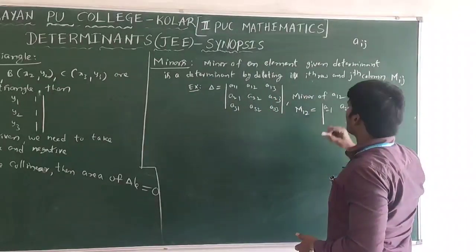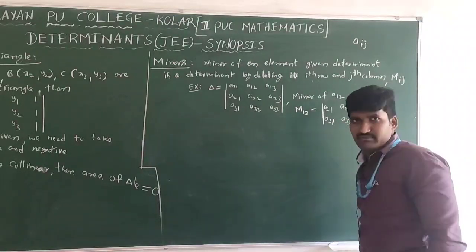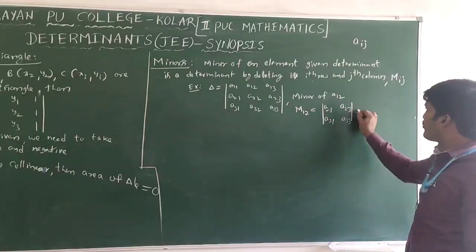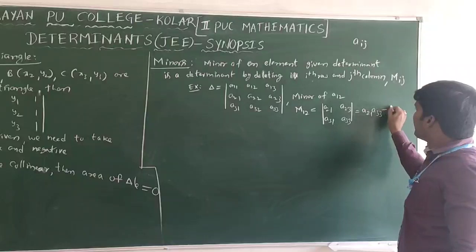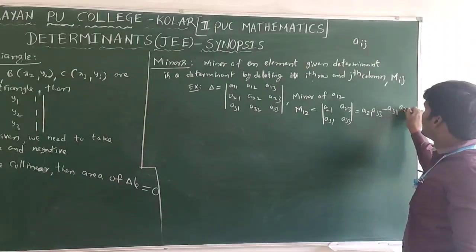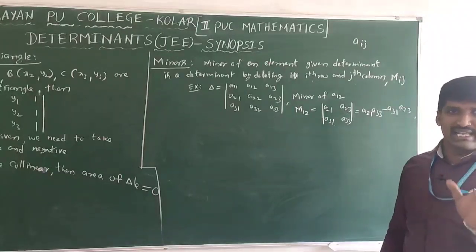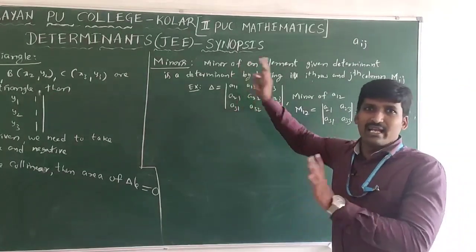Next, A31, A33. This is clearly a 2 by 2 determinant, easily you can find it. How to find? A21 into A33 minus A31 into A23. Now minor also will give finally a value only, a number we will get. Have all understood how to find minor of an element?